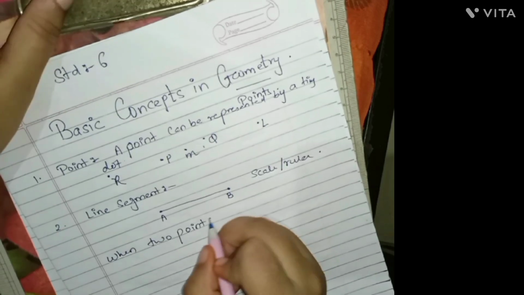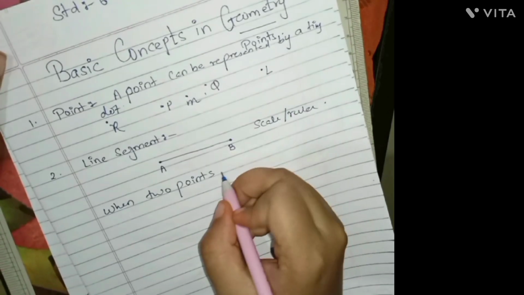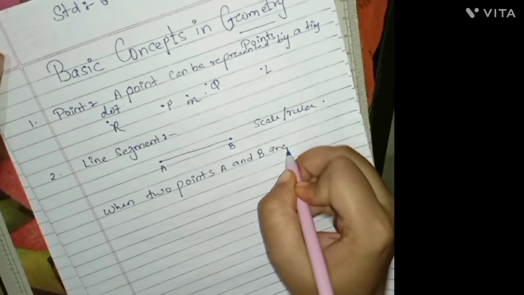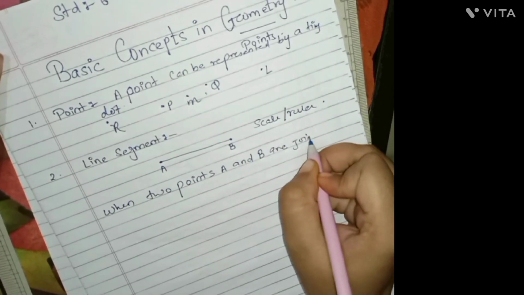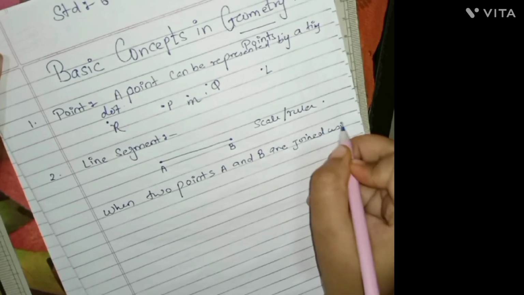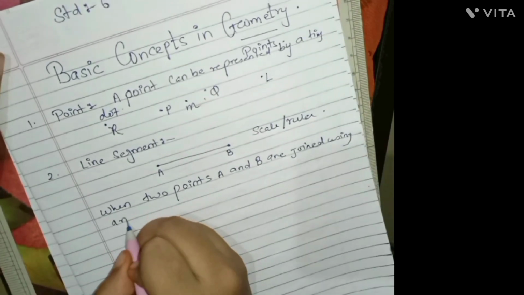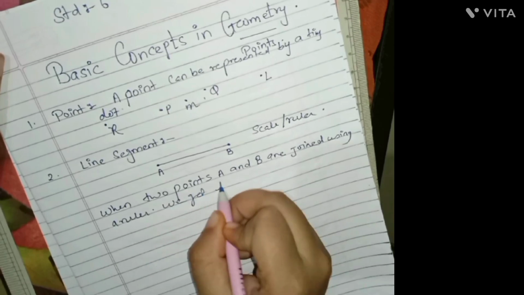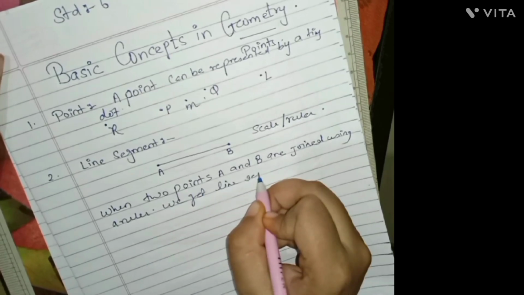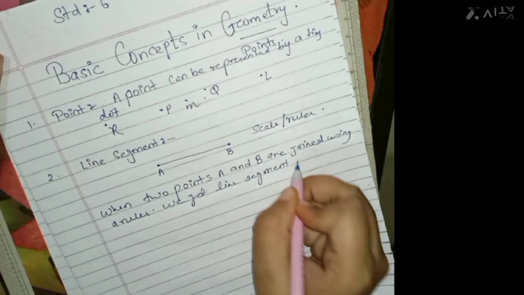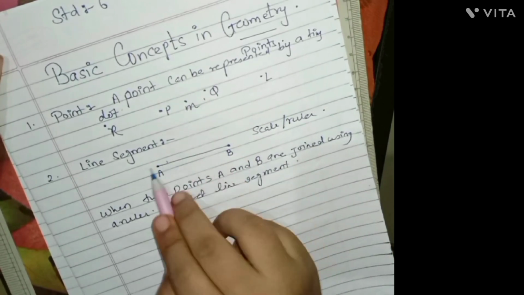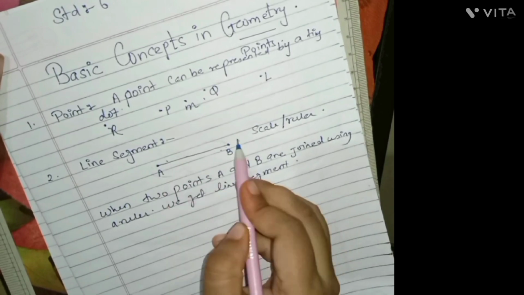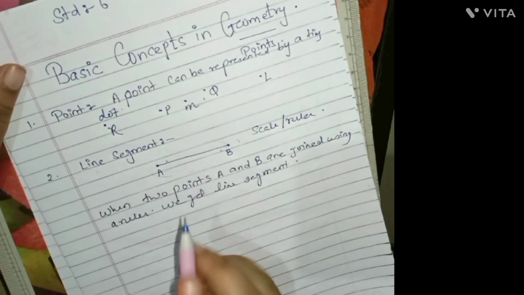So the definition is: when two points A and B are joined using a ruler, we get a line segment. A point is a tiny dot; when two dots are joined by a scale, the line obtained is called a line segment.